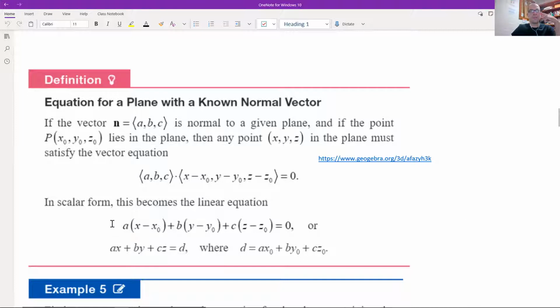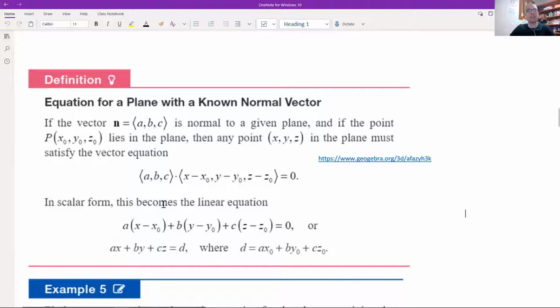This one also works because this number d is actually the scaled version of some point in the plane. X0, Y0, and Z0 is just some point in the plane. And when you subtract by X0, Y0, and Z0 here, essentially what you're doing is shifting a plane that would have been out in space somewhere, but you're shifting it back so that the point X0, Y0, Z0 is functioning a lot like the origin.